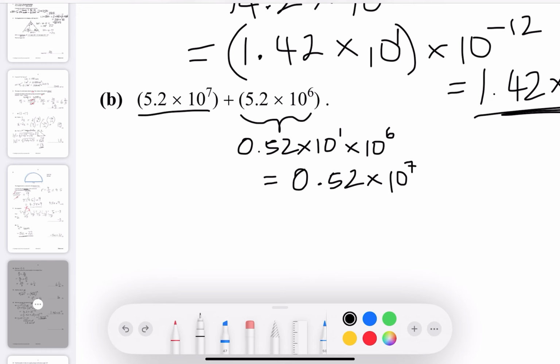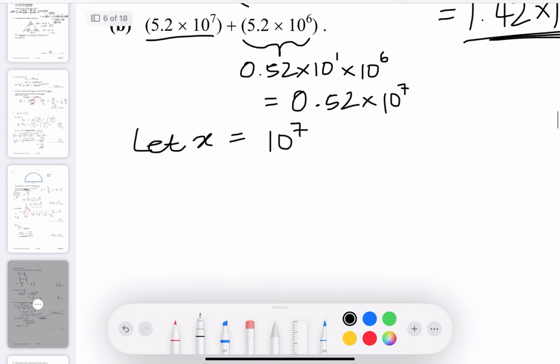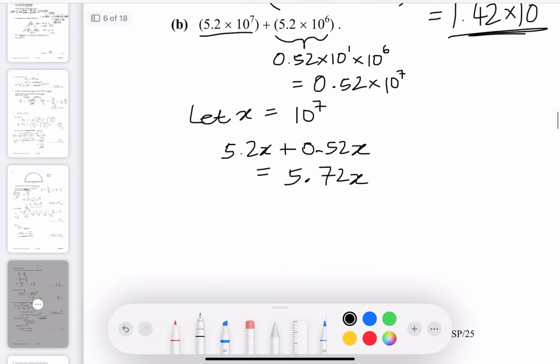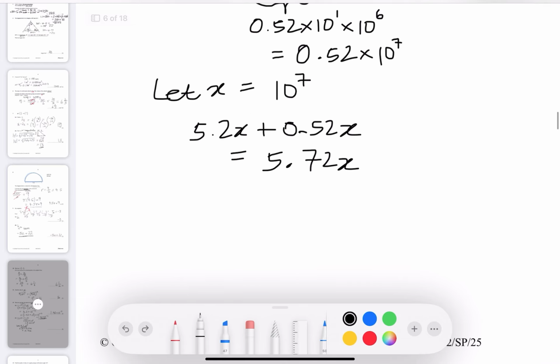Now if you want to make this easier to work with, if you let x equal 10 to the power of 7, what we essentially have now is 5.2x plus 0.52x. And if you add these up together, you'll get 5.72x. But remember, you have to replace x by 10 to the power of 7.